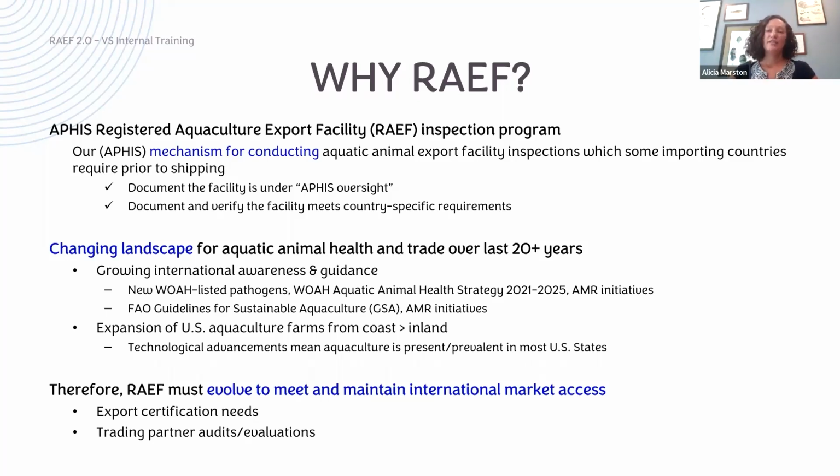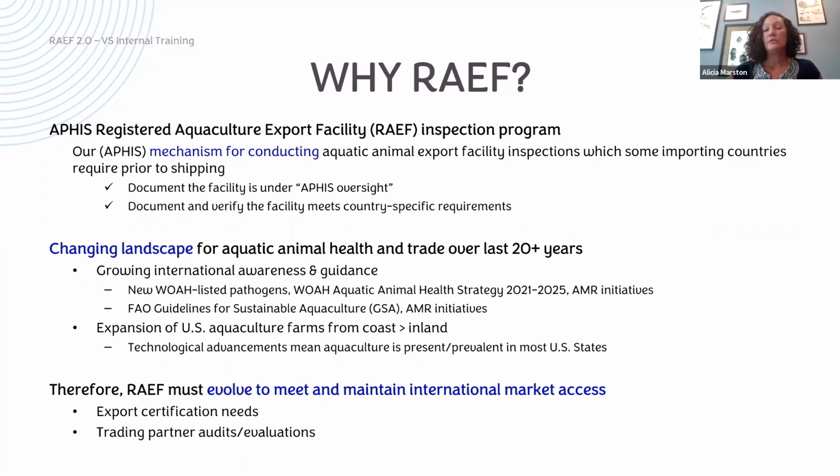So all of these changes have kind of been happening at the domestic level, at our international level, and within the countries of our trading partners as well. So therefore, RAEF has to evolve in order to both meet and maintain these international market access. So part of that is for our internal purposes. We are certifying export health certificates, endorsing export health certificates.